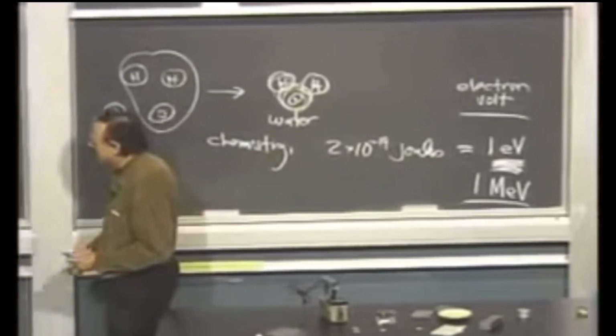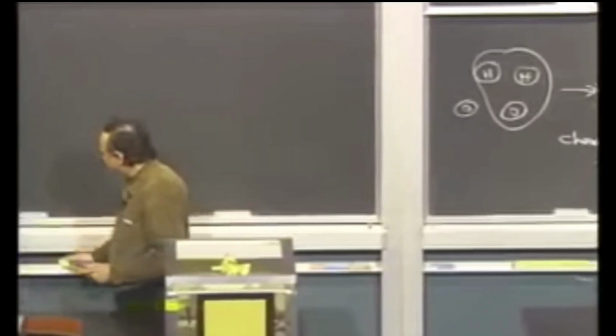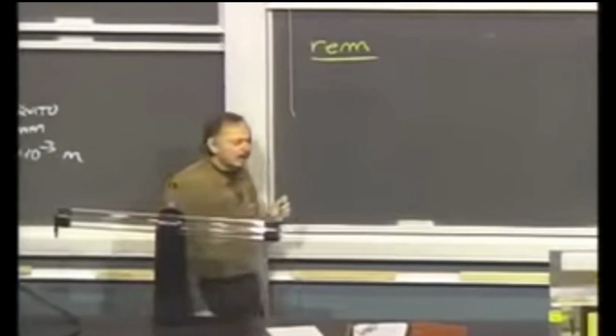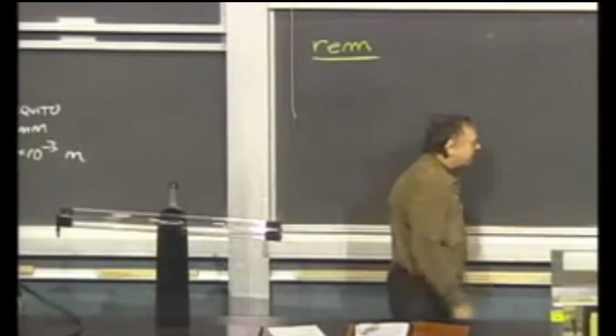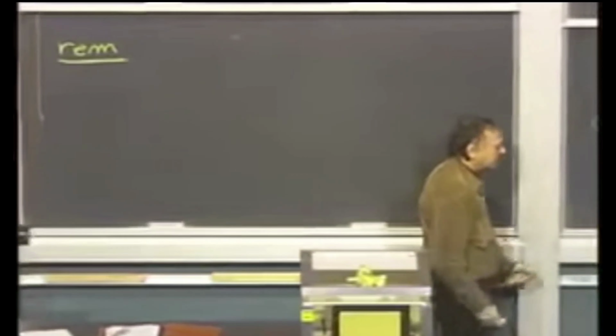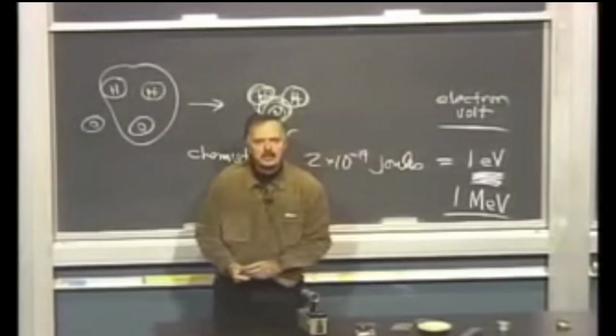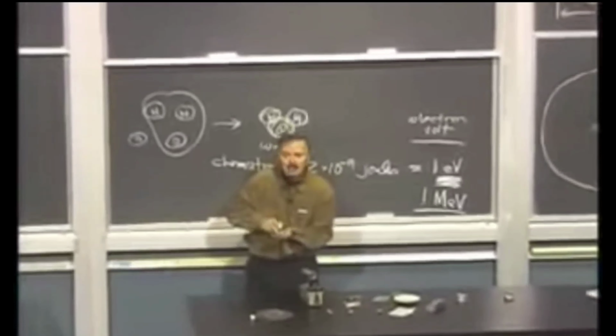What I want you to know is that when we measure damage, the unit that they finally came up with was called the Roentgen equivalent for man, which is the rem. And you don't even have to know what rem stands for, because that's unimportant. The thing you have to know is that we use the rem to measure the radioactivity, the damage done to a cell.